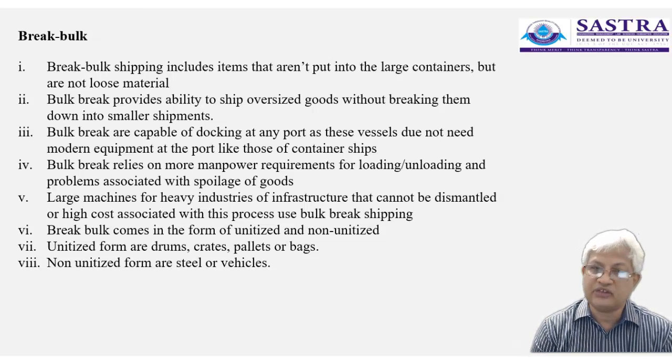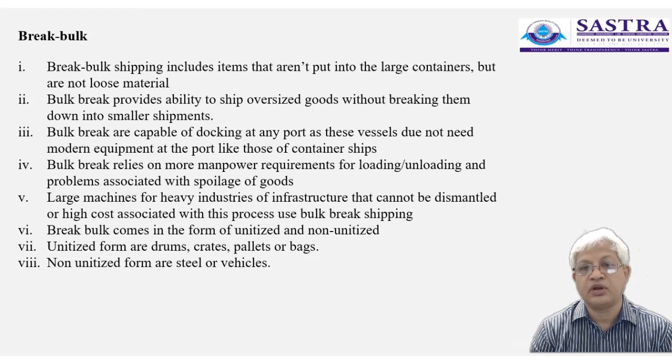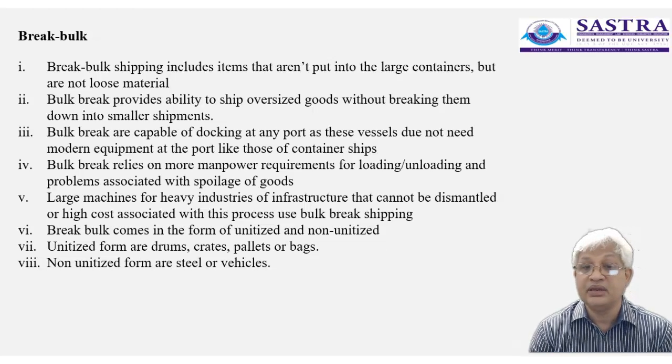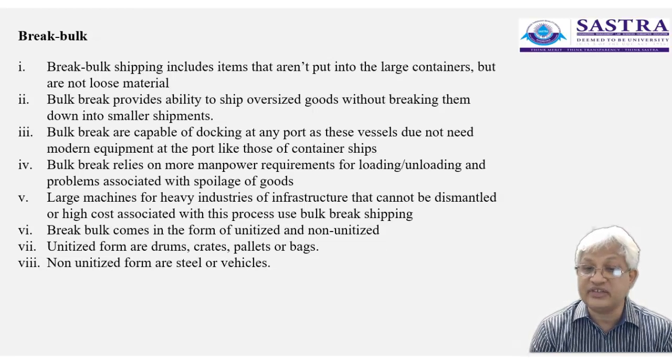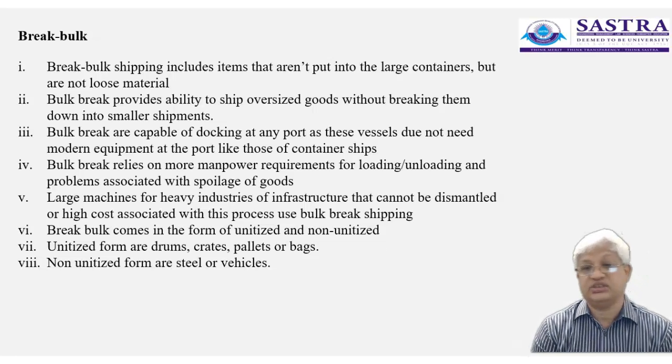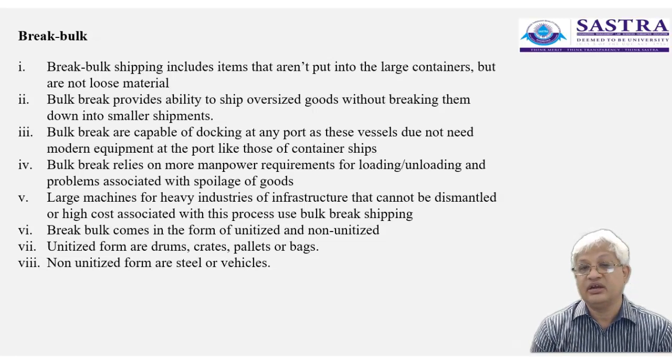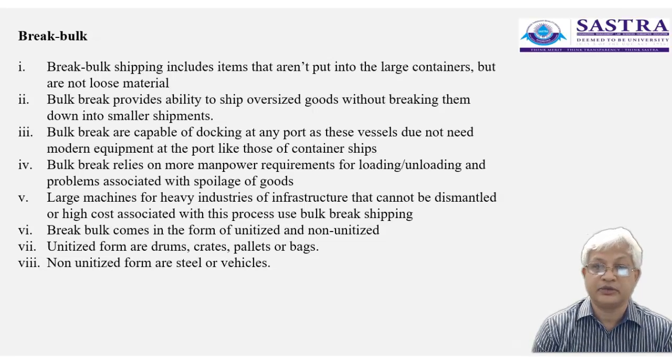Large machines for heavy industries of infrastructure cannot be dismantled, and if it is dismantled, to remantle it or to put it together is very expensive. So a cost benefit analysis says not to dismantle these machines and rather ship it as a whole, and then the high cost that is associated with putting these goods back together is taken care of here by sending it as break bulk cargo.